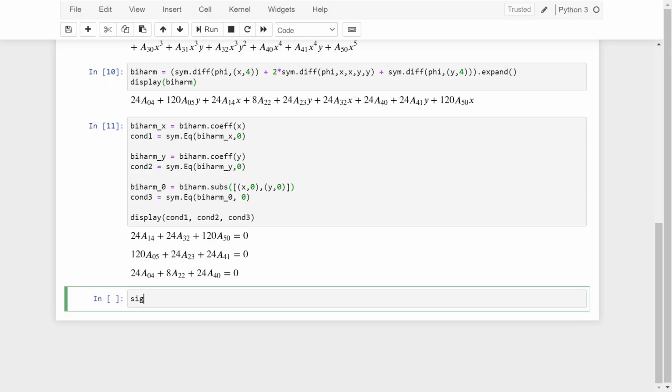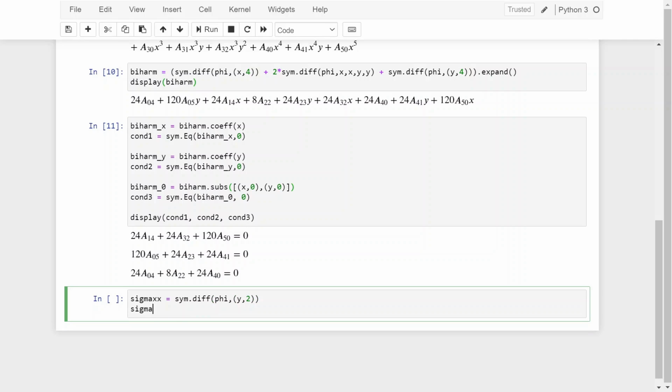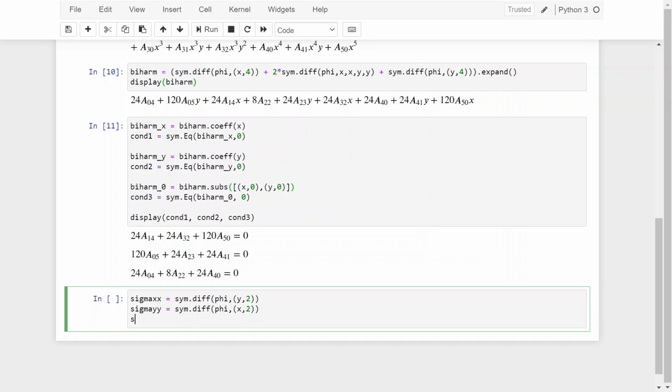First of all, sigma xx will be sim dot diff phi y comma 2. Next, sigma yy will be sim dot diff phi x comma 2, and sigma xy should be equal to sim dot diff phi x comma y, and let's not forget the minus sign.